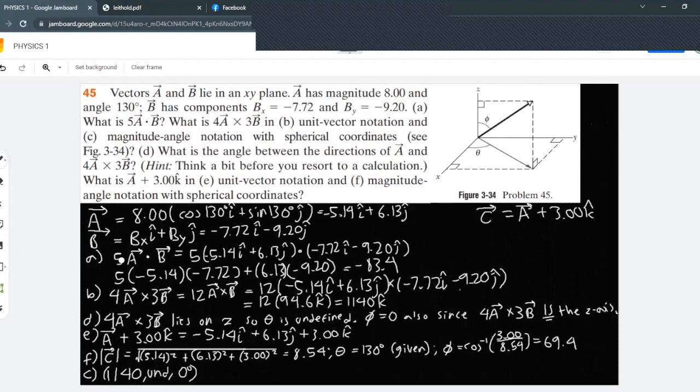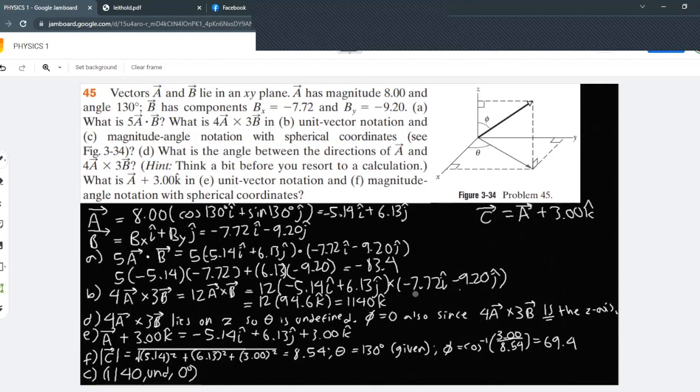Okay, now, how do we get the angle between vector A and vector C? Okay, para makukuha yung theta. So yung theta, makukuha natin kasi yung A, alam na natin yung angle ng A eh. So theta is 130. So okay.